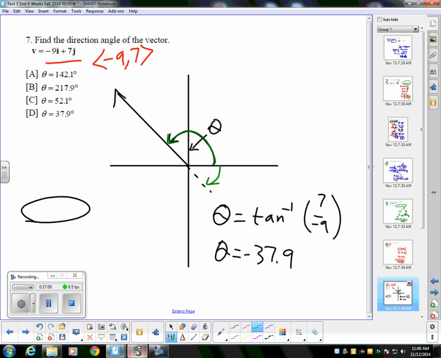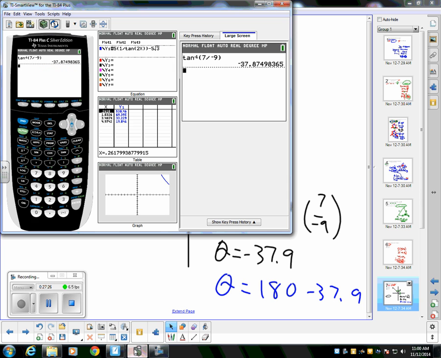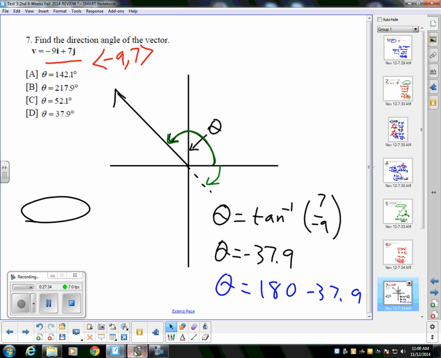So what do we do to this negative 37.9? Our actual direction angle is going to be the supplement. You take 180 minus 37.9, and you get 142.1. Now again, we rounded, but A has got to be the correct answer choice. 142.1.